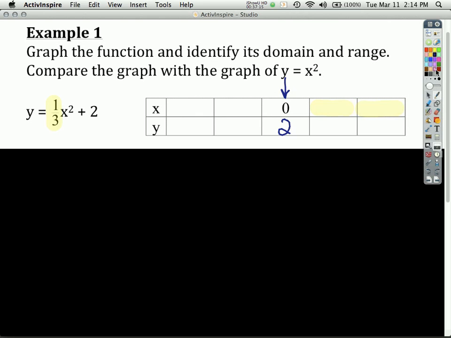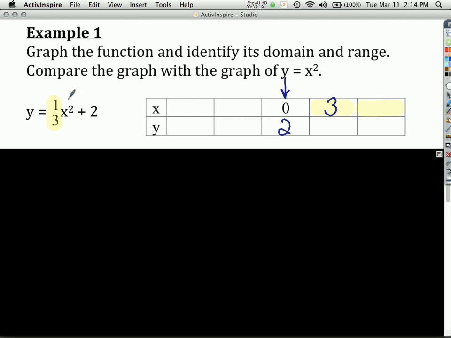So let's put a 3 right here, and then we're going to do what Dave instructed us to do. Put the 3 right here. 3 squared is 9. 1/3 times 9, what does that come out to? Everyone in here should have instantly known. Alexandra? 3. 3 plus 2 is 5. So we already know that the next point is 3, 5.